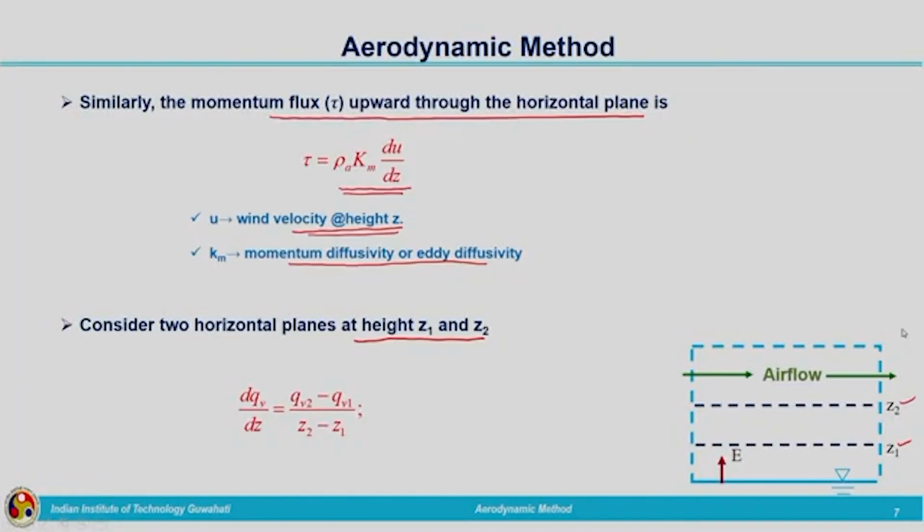That is why the gap between these two planes should be minimal. So, dQ_v by dz can be written as Q_v2 minus Q_v1 divided by z2 minus z1. And then coming to the wind velocity gradient, it can be written as u2 minus u1 divided by z2 minus z1. So, why are we able to write this expression in the difference form?